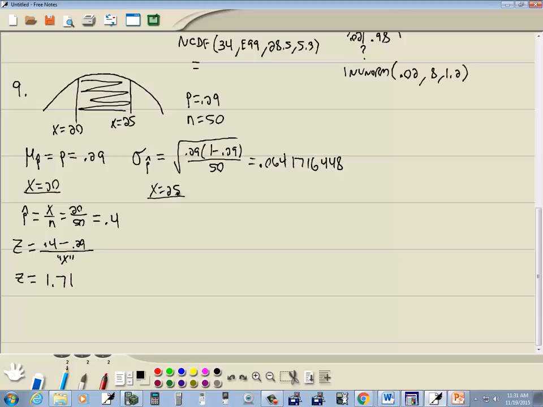And we need to do the same thing for the 25. So we got our p hat is equal to x over n. So we got 25 over 50, which is 1/2 or 0.5. Then our z will have 0.5 minus mu sub p hat, which is 0.29, divided by sigma sub p hat, which we stored in x.